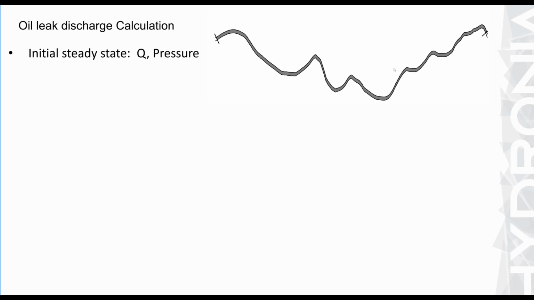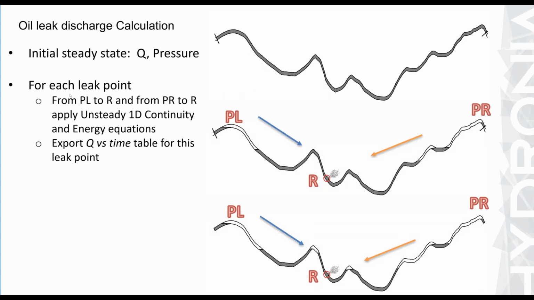So this is a typical profile of a pipeline. And then for each spill location, let's say this is a spill location, we determine how the drain down occurs in these two stages.